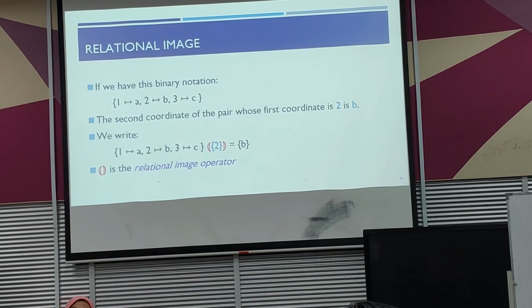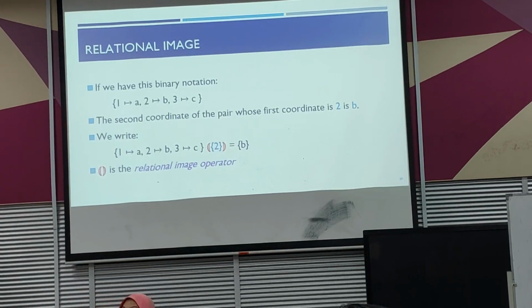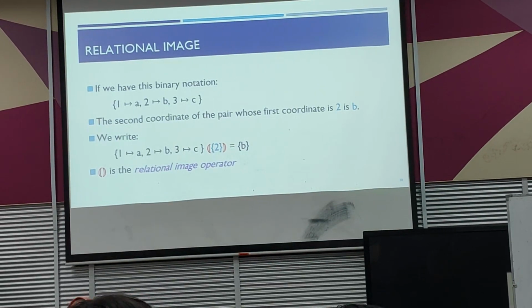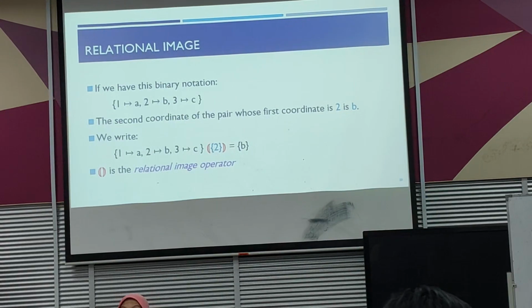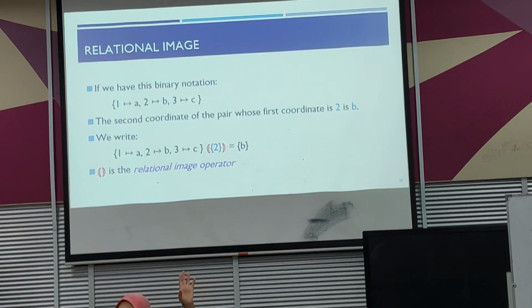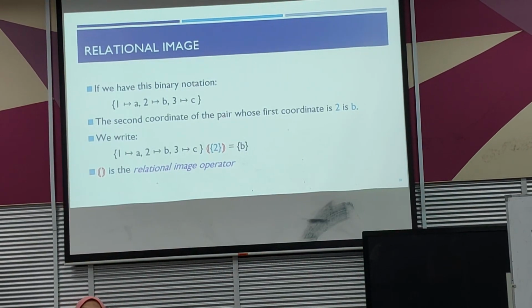Another symbol that you are going to use a lot also, we call as relational image. The symbol is a crescent symbol, anak bulan. So the opening and closing. Relational image is similar to domain restriction. The only difference is, for relational image, you found the result of domain, you produce only range data. You don't show domain result.